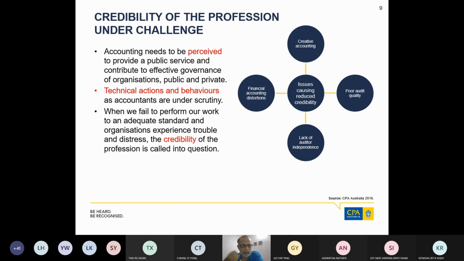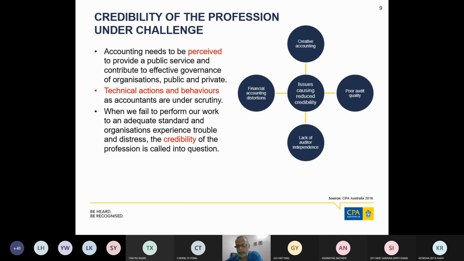But when we start doing things like creative accounting, poor audit quality, chincai work, what they call in auditing a lack of due diligence. Chincai is a Malaysian slang, but the official name is lack of due diligence. Then creative accounting.